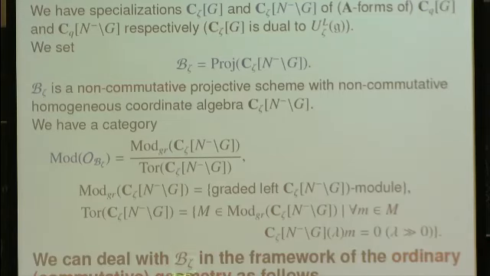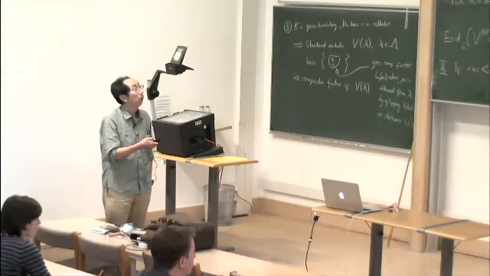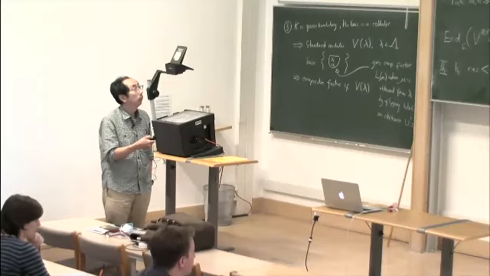But in this case, when Q is a root of unity, we can deal with B zeta in the framework of ordinary geometry, commutative geometry, as follows. I don't have to go to non-commutative geometry in this case, using the following. So I consider the Frobenius morphism or Frobenius twist.